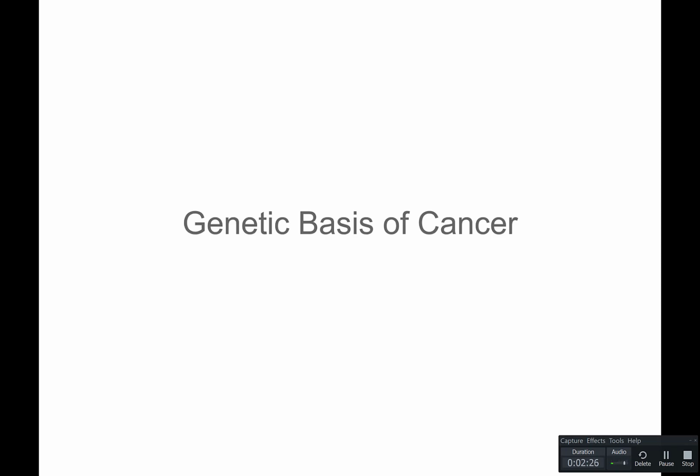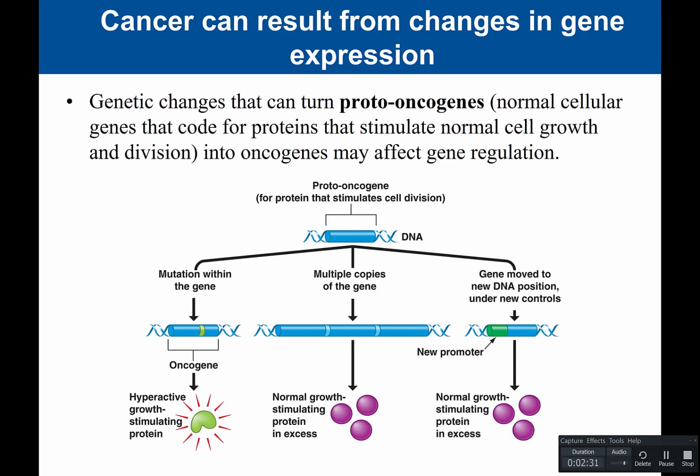So the last part of this lecture is going to be looking at the genetic basis of cancer. And so cancer can result from changes in gene expression. And in our genetics chapter, we talked about different types of genetic changes and how those can lead to cancer. And one type of genetic change that can cause cancer is that we have these genes that are called proto-oncogenes.